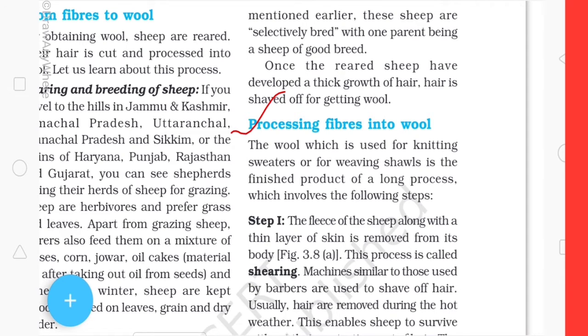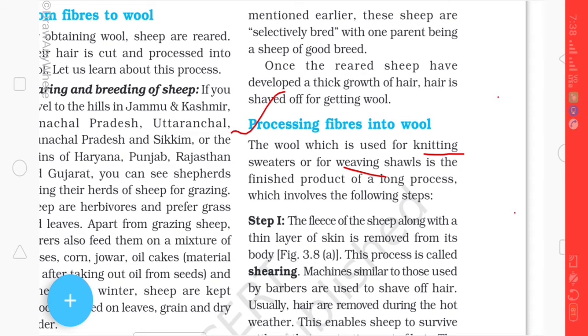So we are getting wool, isn't it? The wool which is used for knitting and also for weaving shawls, these are the finished product, okay. That means these are now wool and we are getting it from the fibers.